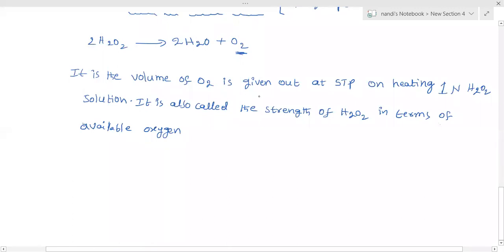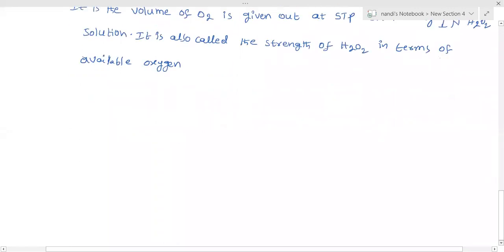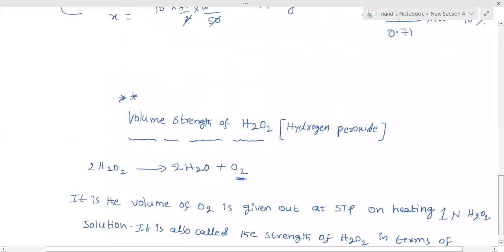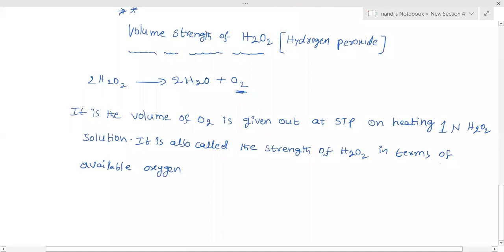What is the condition here? At STP condition only we are going to calculate. STP means standard temperature and pressure. The temperature is 0 degrees centigrade and the pressure is 1 atmosphere. Whenever we heat, it releases oxygen gas. At STP, 1 mole of any gas occupies 22.4 liters.